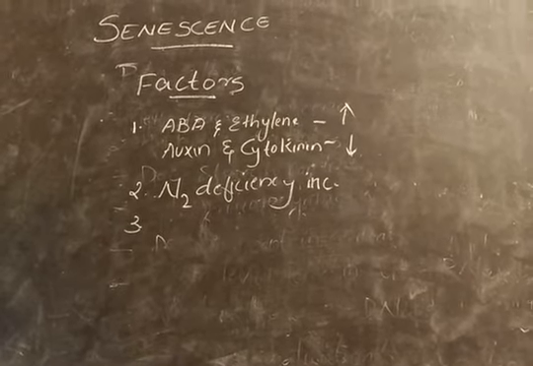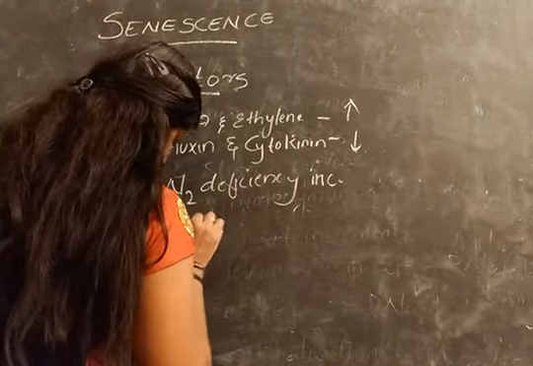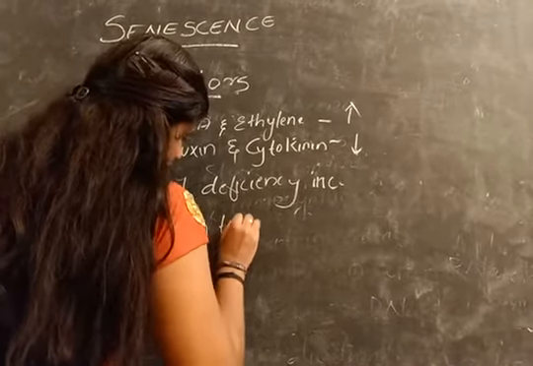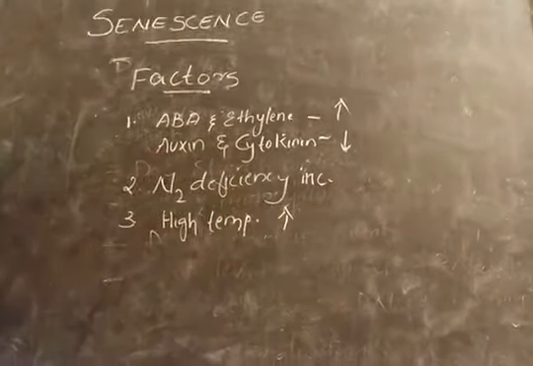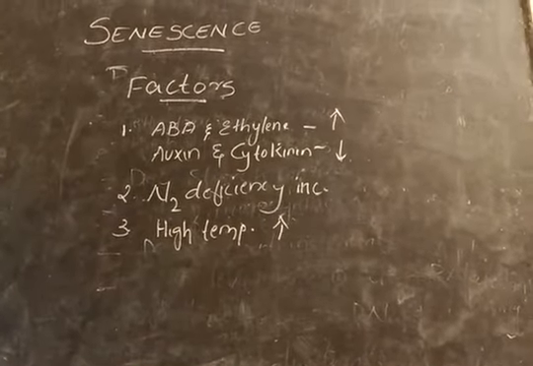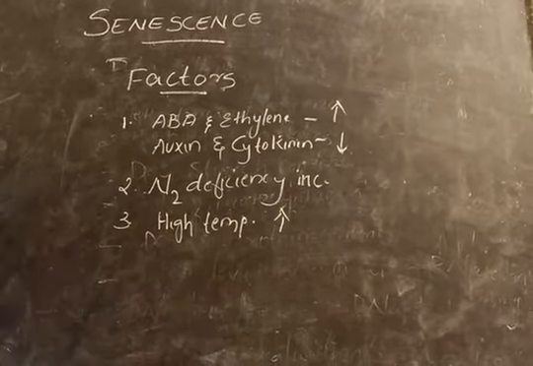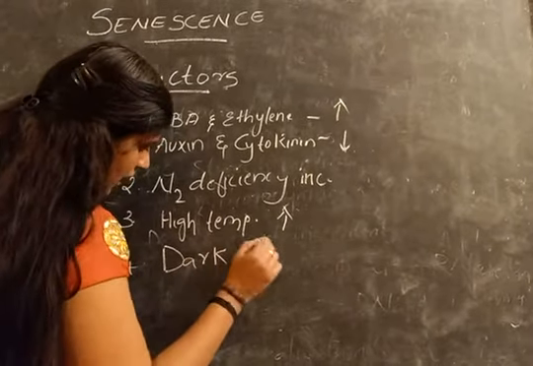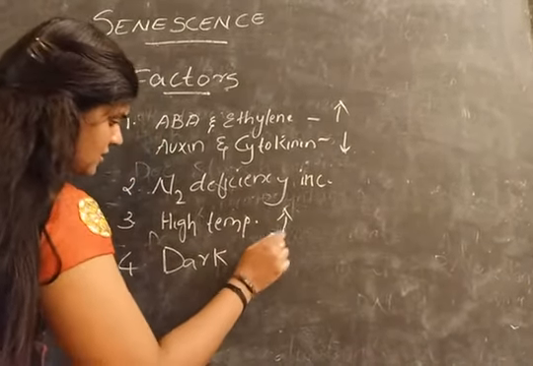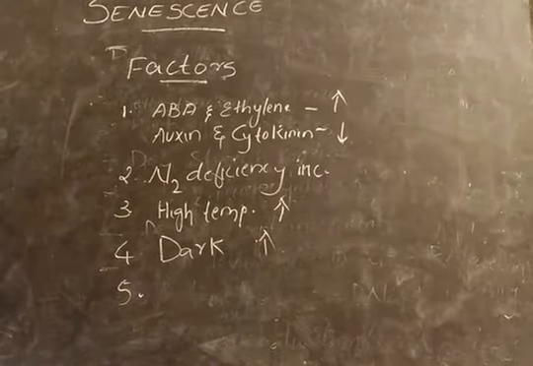Then high temperature may accelerate senescence, whereas low temperature may retard senescence. Senescence is also rapid in dark. In dark conditions, senescence is high, whereas in light conditions, senescence is less.